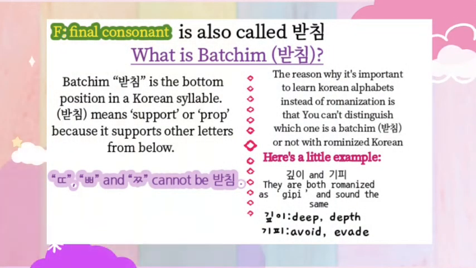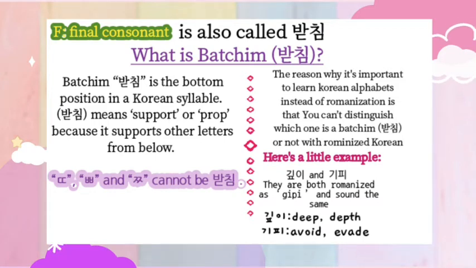Now let's focus a little bit on the final consonant, which is also called 받침. So, what is 받침? It's actually really important to know that, and it's gonna help us more in learning Korean pronunciation. But for now, we're gonna just give a definition of what 받침 is.